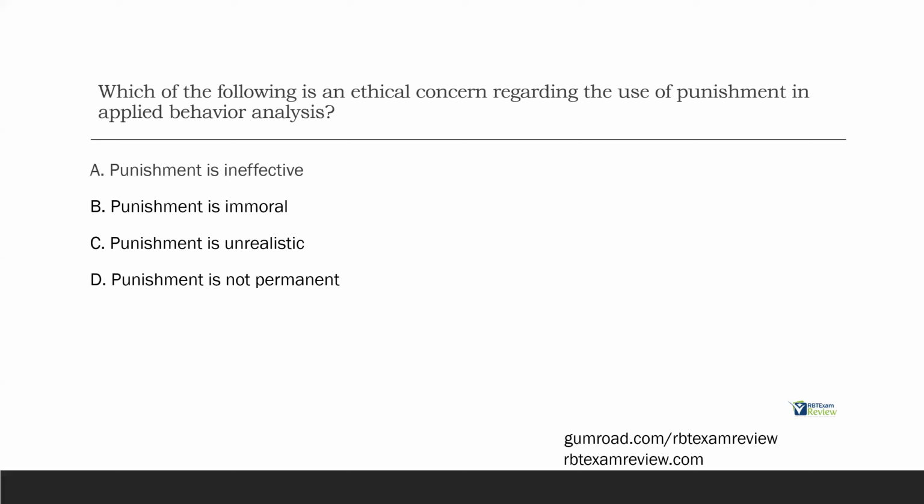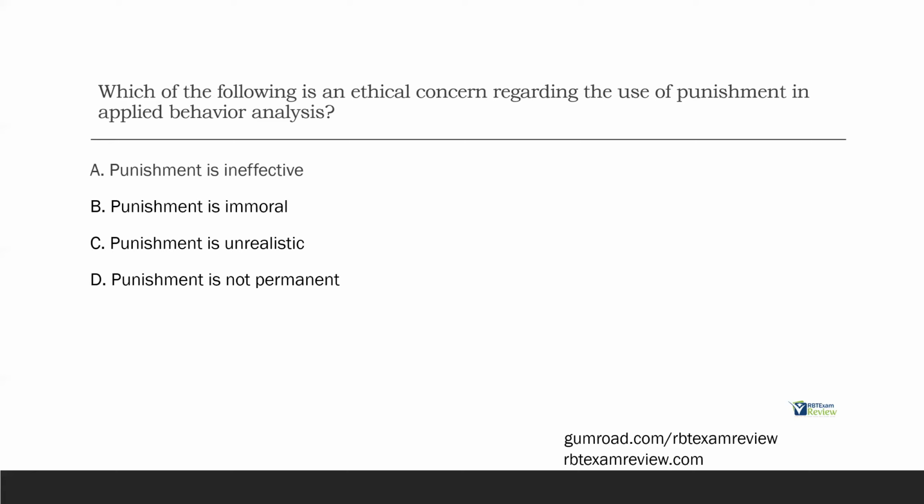A, punishment is ineffective. B, punishment is immoral. C, punishment is unrealistic. And D, punishment is not permanent. Well, A, we know is not correct, right? We know punishment can be effective. We know punishment can reduce behavior. If you want an extreme example, think of very extreme and harsh punishments. Those are effective at reducing behavior, so A is incorrect.